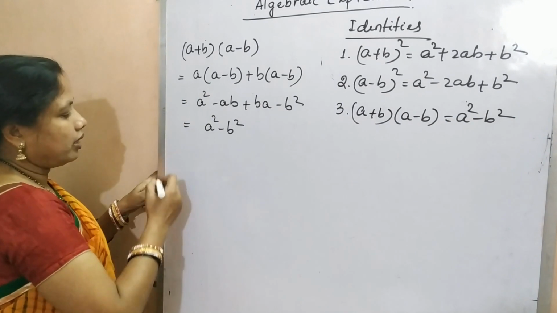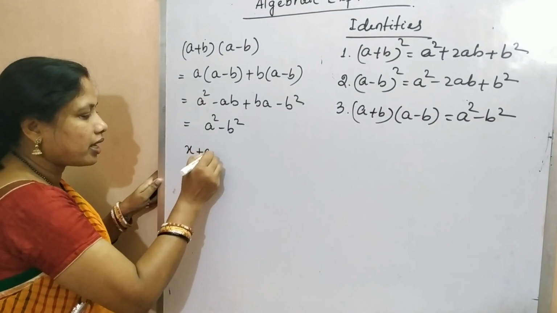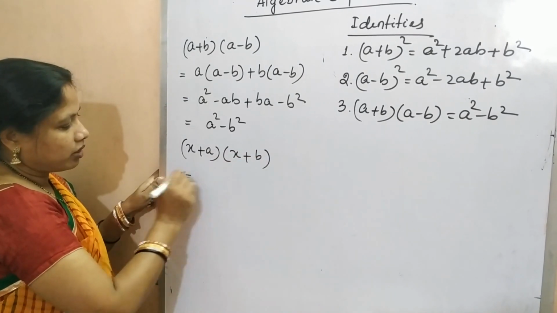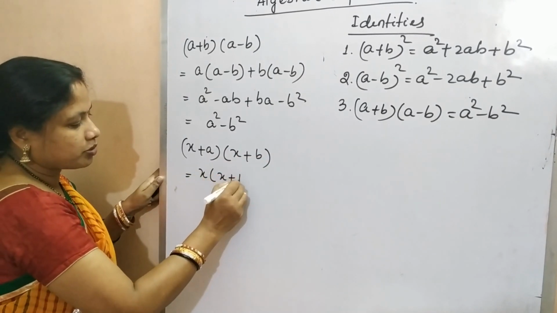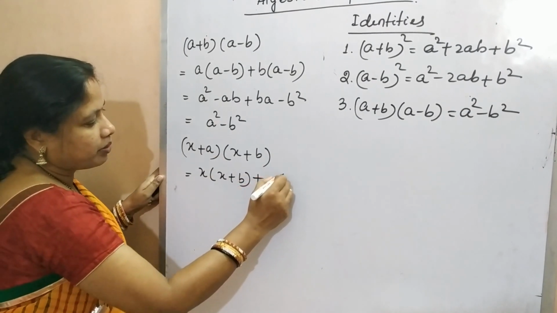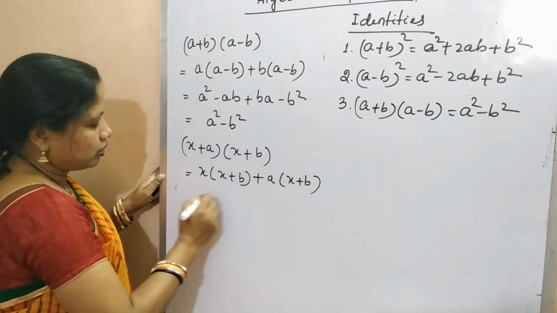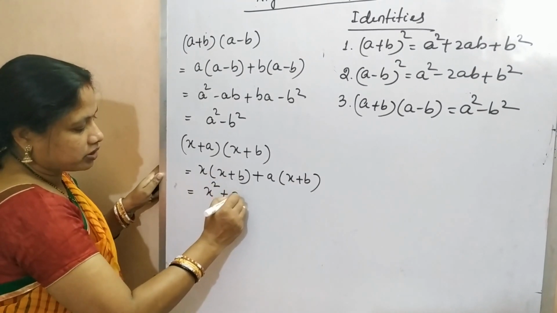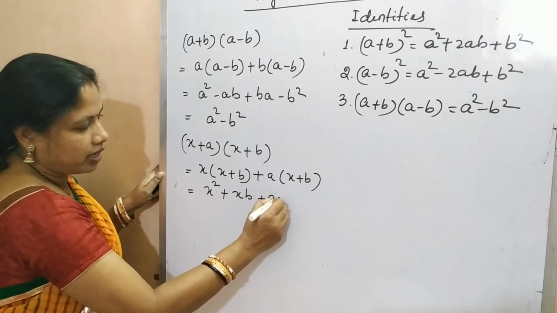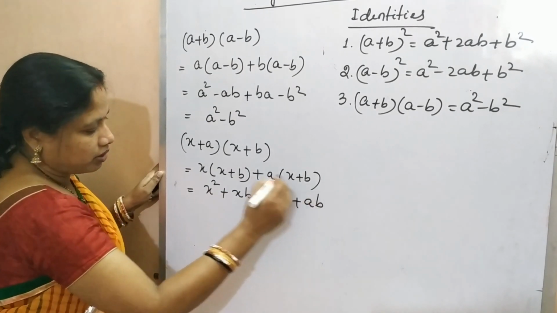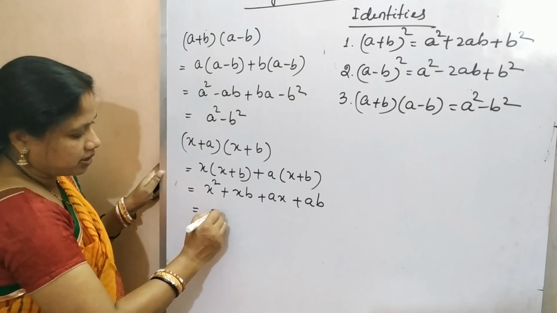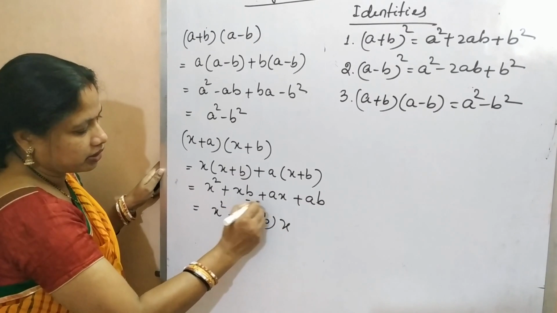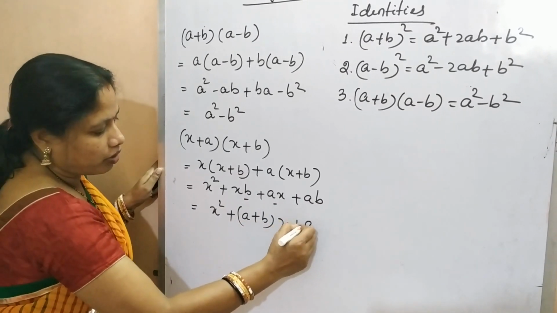Then what about (x + a) multiplied with (x + b)? So this becomes x multiplied with (x + b) plus a multiplied with (x + b). So this is equal to x square plus xb plus ax plus ab. So this can be written as x square plus (a + b) into x, here in these two terms x is common, plus ab.